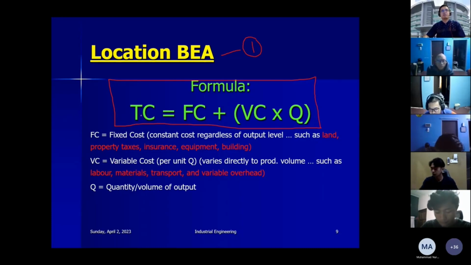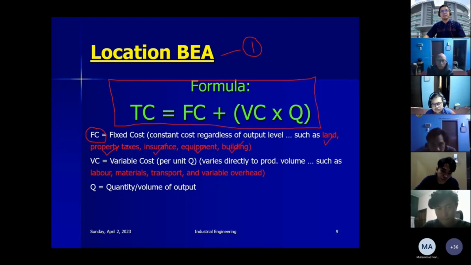In order to find the total cost, we need to find FC. FC is the fixed cost, not fan club, fixed cost. Fixed cost is constant cost regardless of the output level, such as land, property tax, insurance, equipment, or buildings.